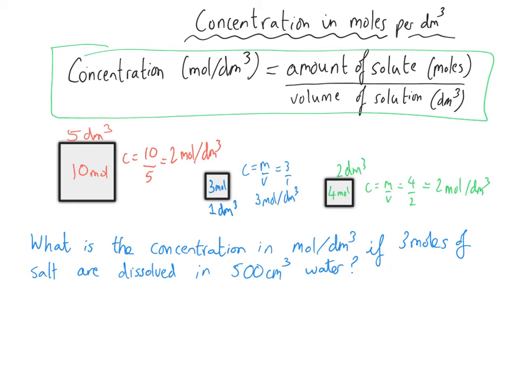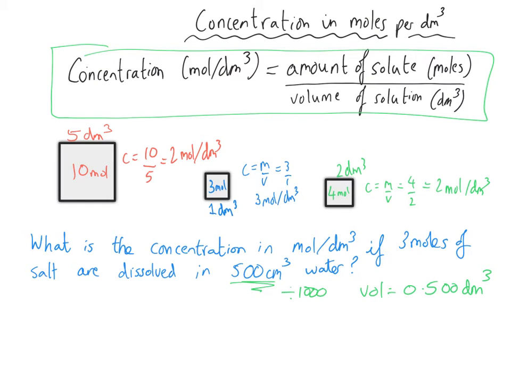If we have a look at this example at the bottom, this is more of an exam style question. What is the concentration in moles per cubic decimeter if 3 moles of salt are dissolved in 500 cubic centimetres of water? And so once again, the first thing that we have to do is address that issue that's in cubic centimetres, and so we need to divide that number by 1,000, and the volume is therefore 0.500 cubic decimetres.